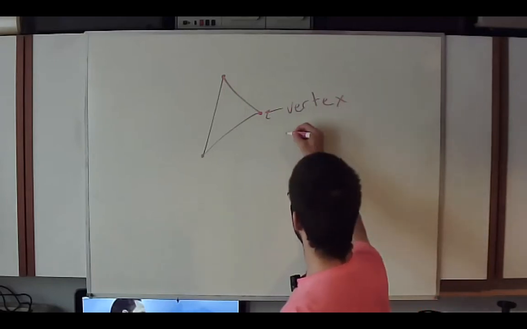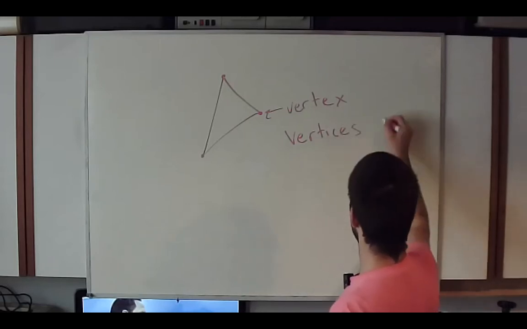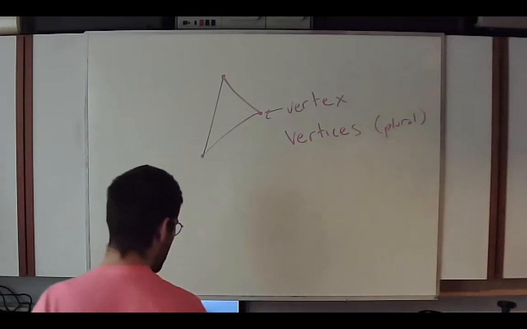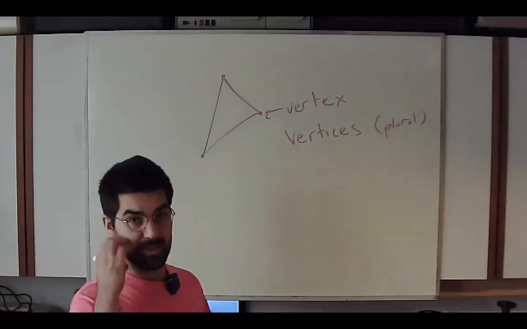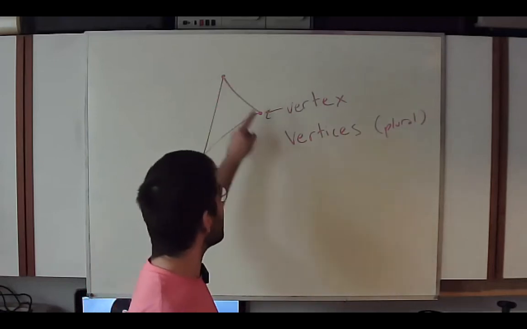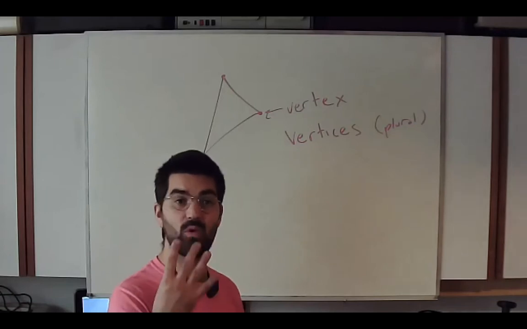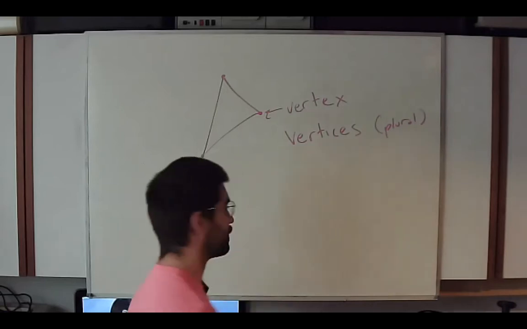And the plural of vertex is vertices. And so using the beginShape tool in p5, we can increase this number of vertices beyond 3 in the triangle, beyond 4 in the quad, and extend it to as many vertices as we would like.